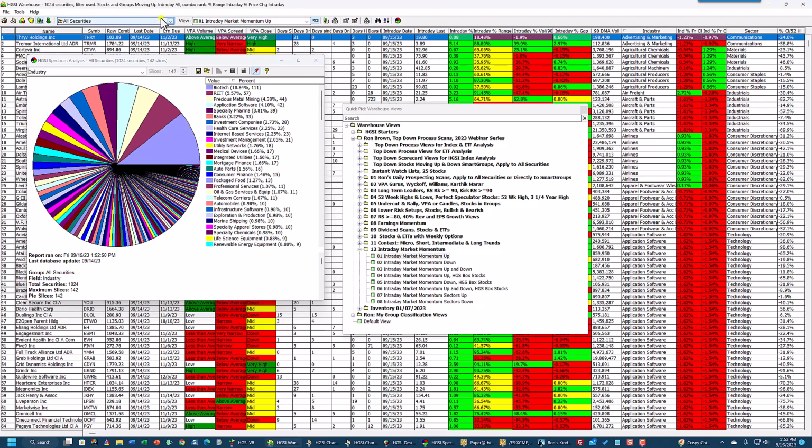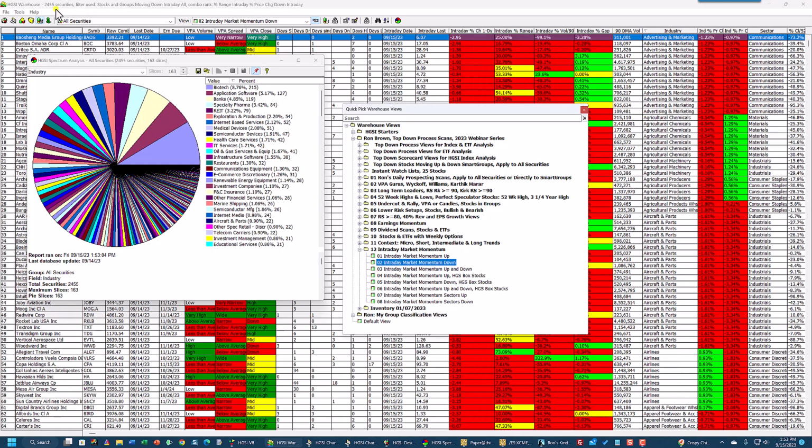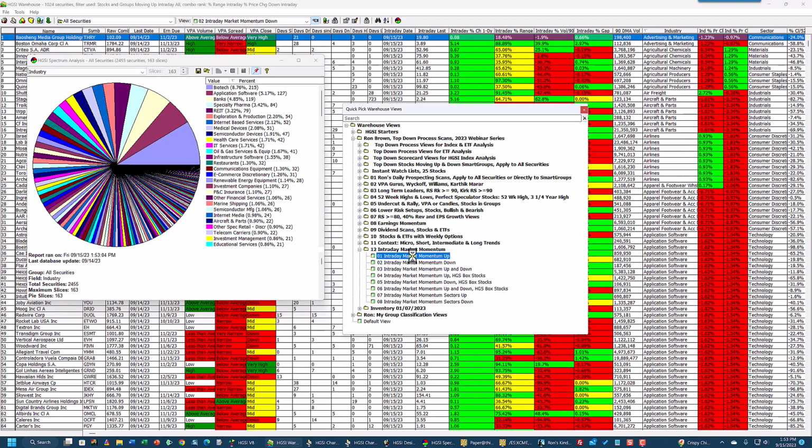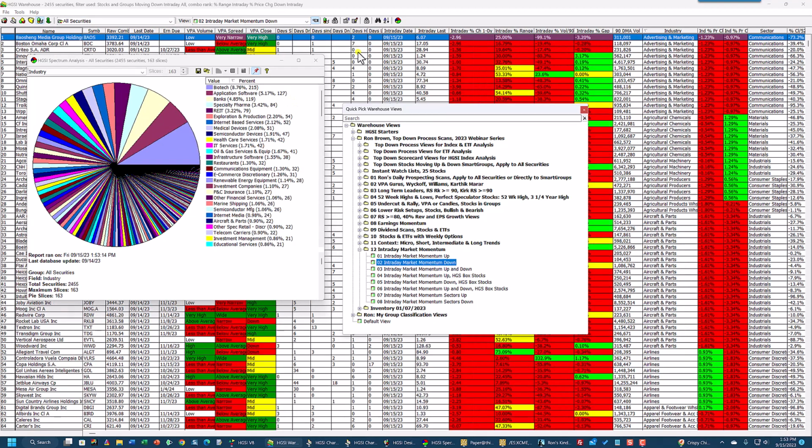Now there's 1024 moving up, and how many are moving down? 2455. So quite a discrepancy between up and down. 1024 compared to 2455. And there's a lot of groups here and a lot of things to look through.